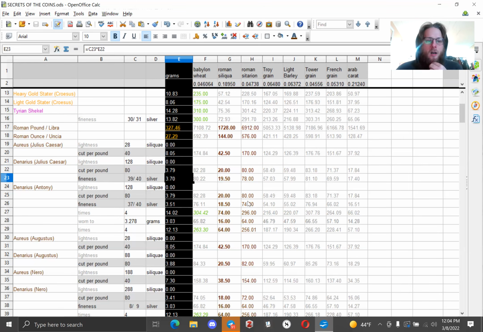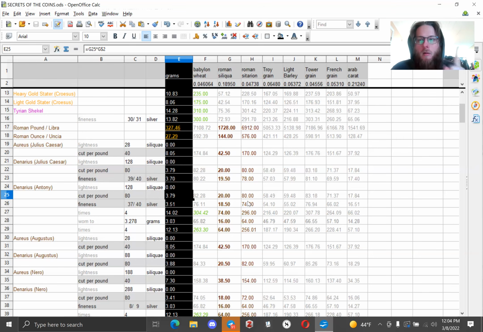So now let's look at the denarius of Antony. Now, Antony debased his silver coins. Okay, so they have the same lightness and cut, which means that they're going to weigh about the same. The existing specimens are going to be lighter than this if you go look on the auction sites or the catalogs, but you've got to remember that these coins circulated for like 200 years, so they're worn, and we'll get there in a second.